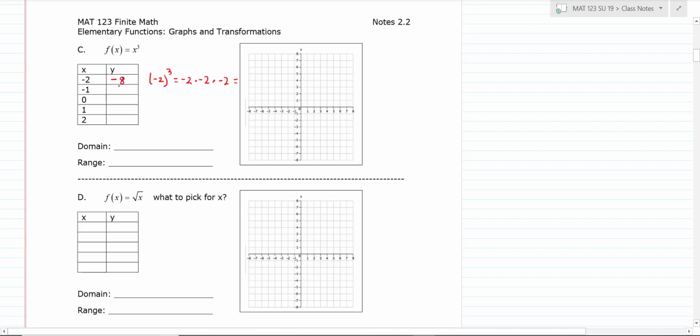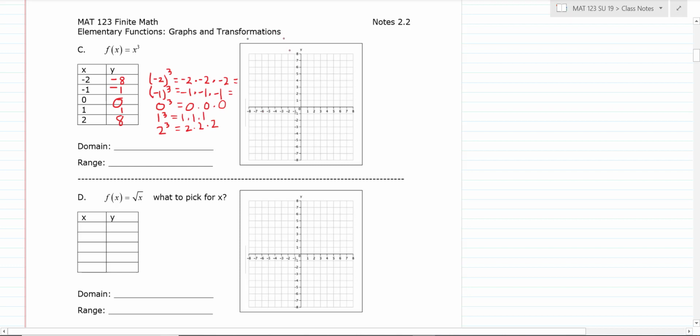So that's negative 8. And then if you do negative 1 to the third, again, it's negative 1 multiplied out 3 times. That's going to give you negative 1. And then 0 to the third is 0, of course. And 1 to the third is 1. And then finally, 2 to the third, multiply out the 2 3 times, that's going to give you 8.